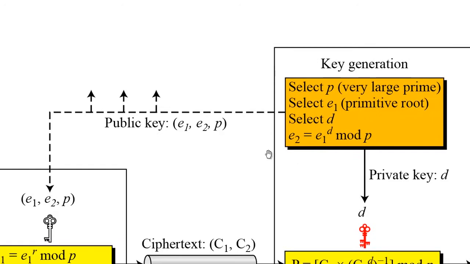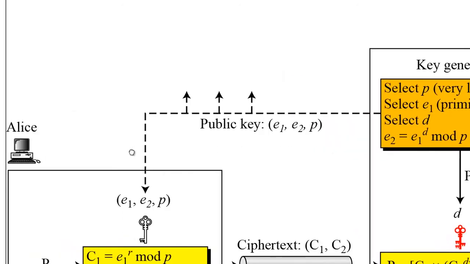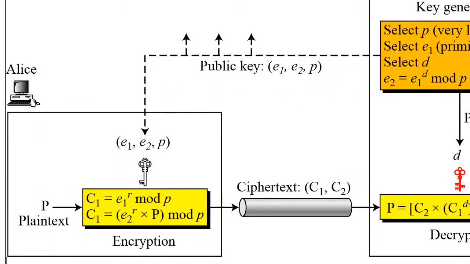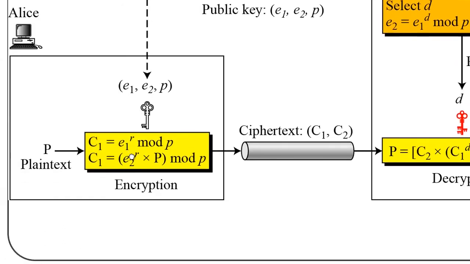Now Bob has to give the public key to Alice so that she can communicate with Bob. This key is used for the encryption process. Here P is the plain text that Alice wants to send to Bob, and to generate the ciphertext they have to use the public key of Bob.